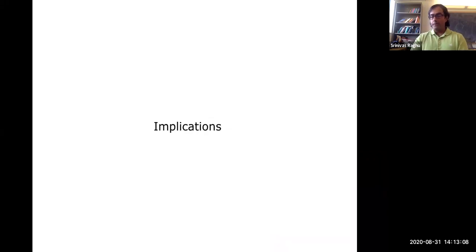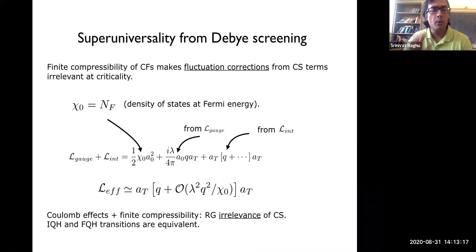Okay, are there any questions? All right. So I want to look at first the implication of Debye screening. There's a finite compressibility coming from a finite density of states of delocalized composite fermions at criticality.